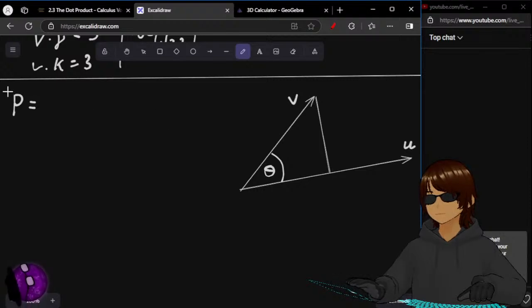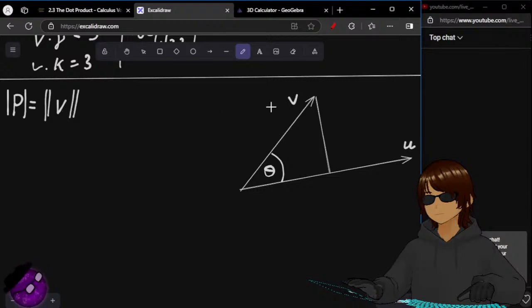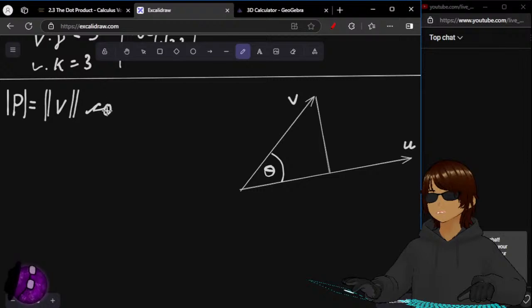The magnitude, the length of this projection, is the length of v. I think I will use a double line to represent the magnitude of a vector and a single line to represent modulus. We have this cos theta.